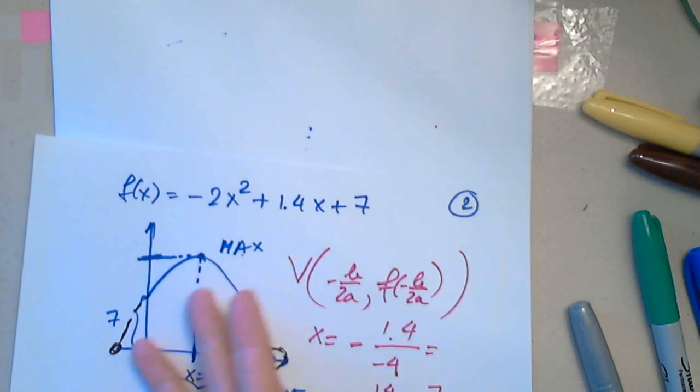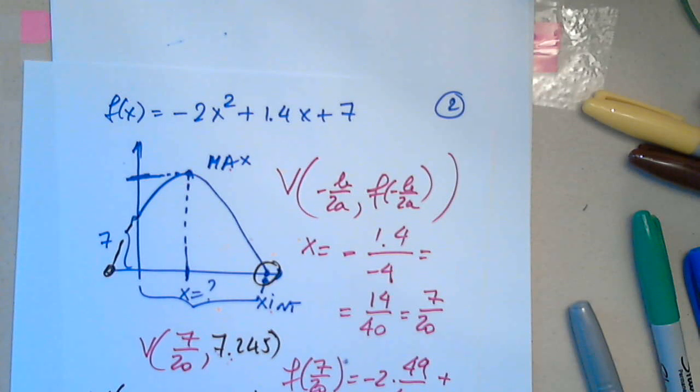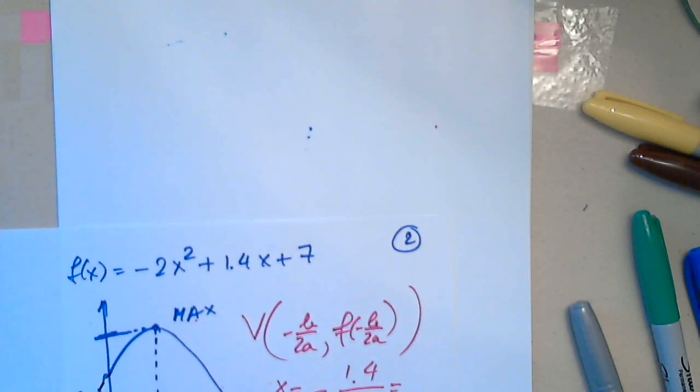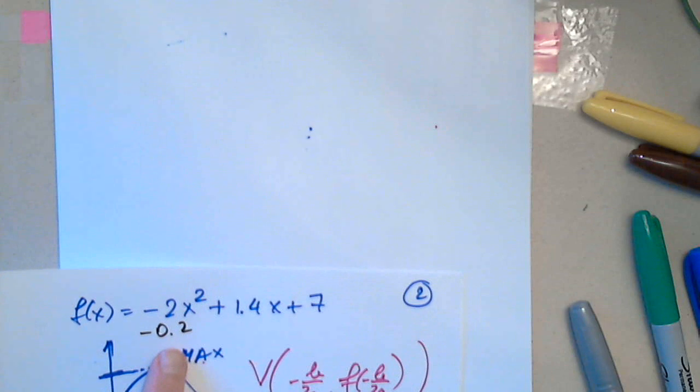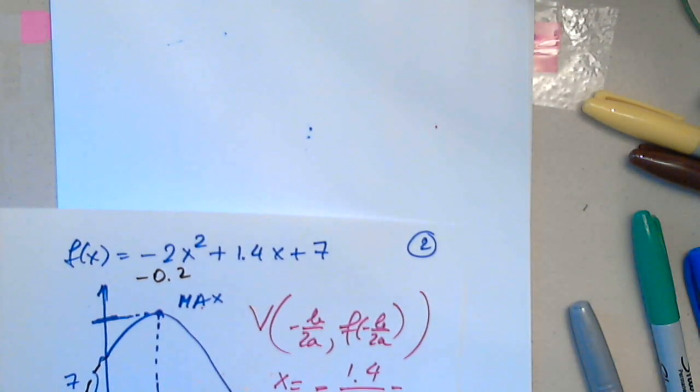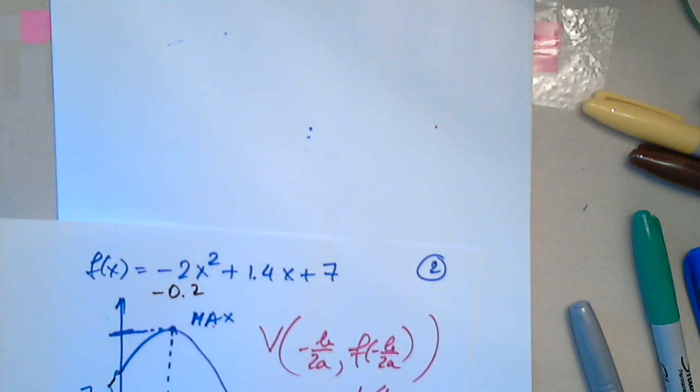But everything is the same. Just redo the calculations and replace this by negative 0.2. Okay. Sorry about that. I heard negative 2. That's okay. So then you will put that in here. Instead of negative 4, you will have a negative 0.4.